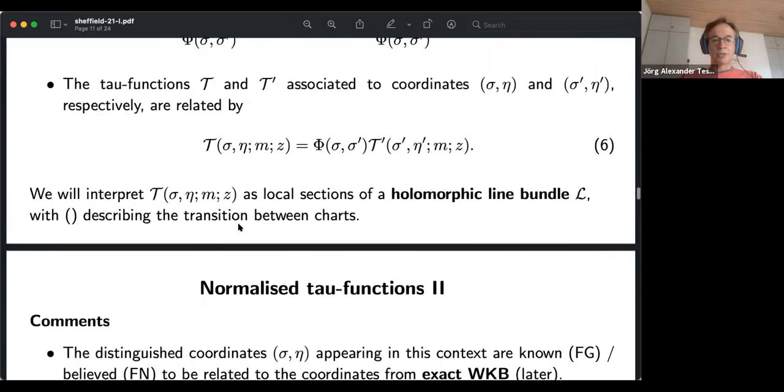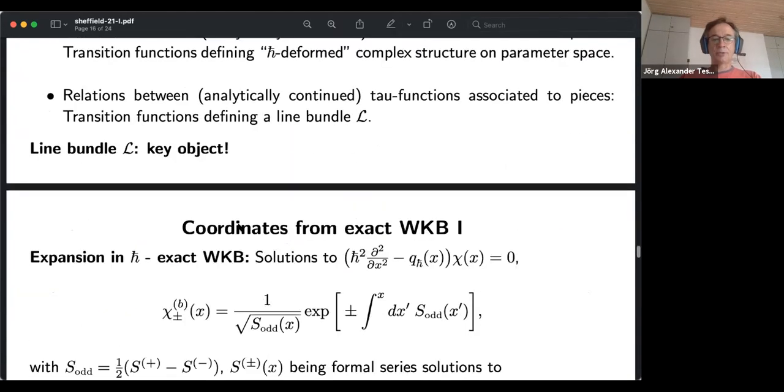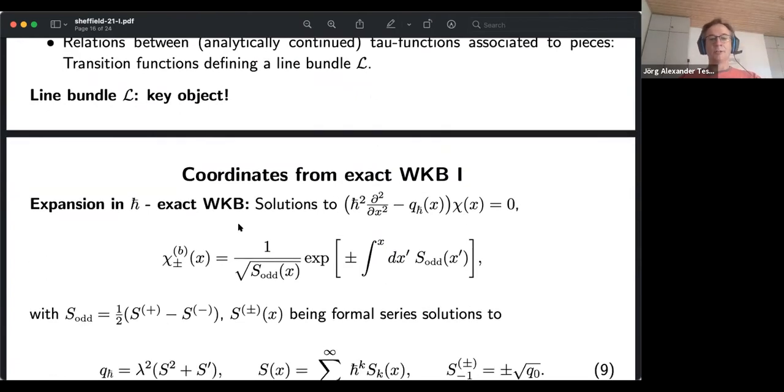What I now want to start with is a discussion of how exact WKB helps to define particularly natural coordinates, and how to cover the space of parameters of these differential equations whose monodromy we're deforming by local coordinates which are in a certain sense canonical, because the exact WKB gives a natural choice for all the data determining such coordinates.